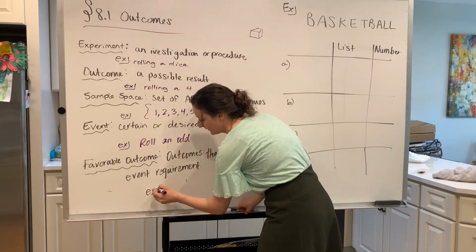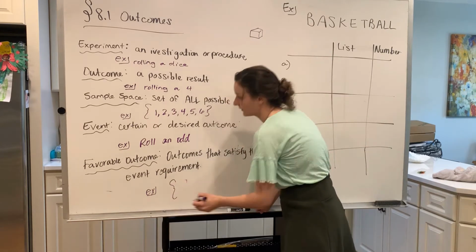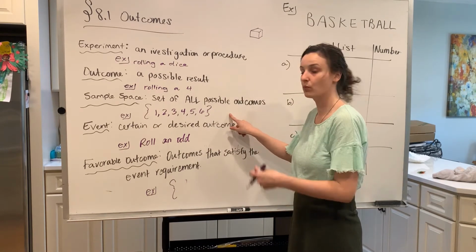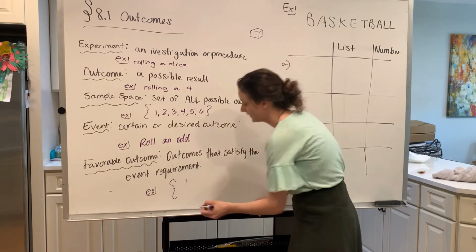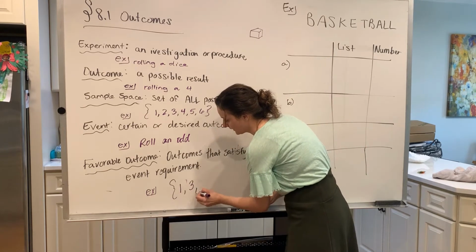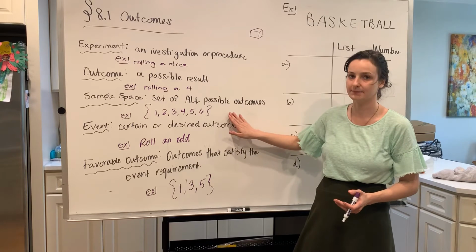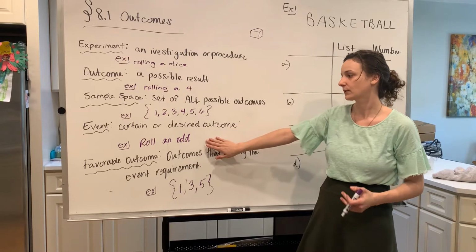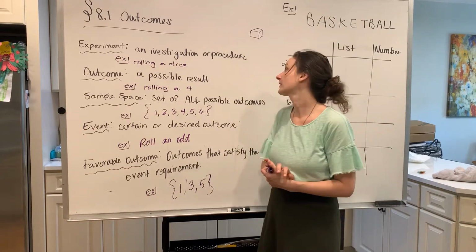So for example, our favorable outcomes are going to reduce my sample space from 1 through 6 to only the ones that are going to be odd. So 1, 3, and 5. Notice how my favorable outcome set is smaller than my sample space because of this requirement of the event. Okay. Let's get started with our example.